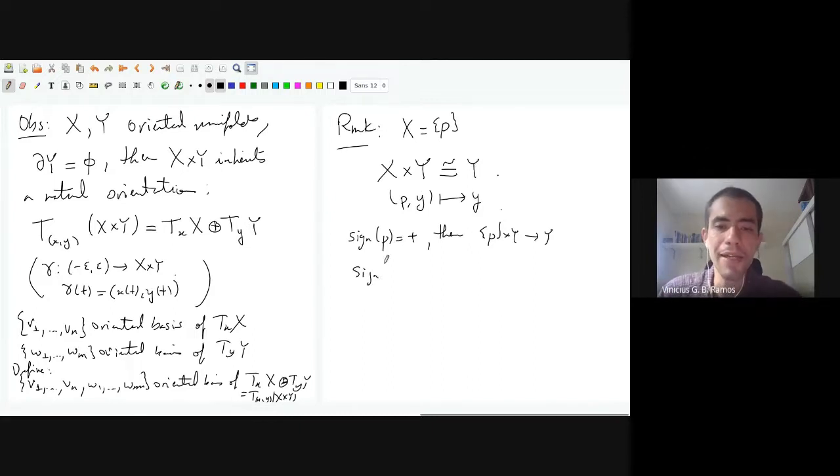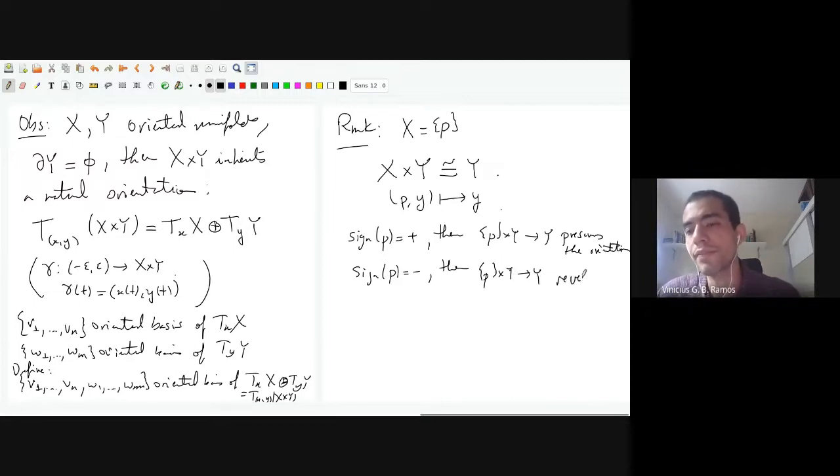But if the sign of P is negative, then when you do P times Y into Y, this reverses the orientation. And that's just because when you look at this direct sum, it's kind of what happens on the boundary of a one manifold.